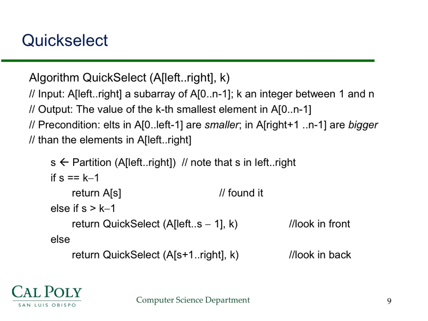Okay, so now what happens? We do partition on left and right, and we get an index back. That's the index that split the array into smaller and larger numbers. Then we check to see if s is equal to k minus 1. Now remember, k is the rank we're looking for, and the value at that index is going to be the kth smallest element.